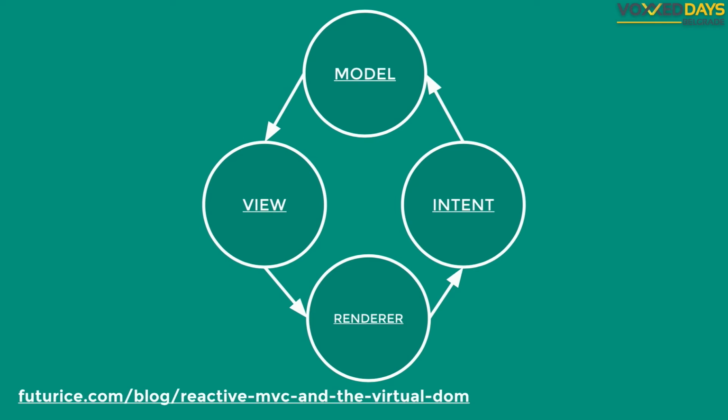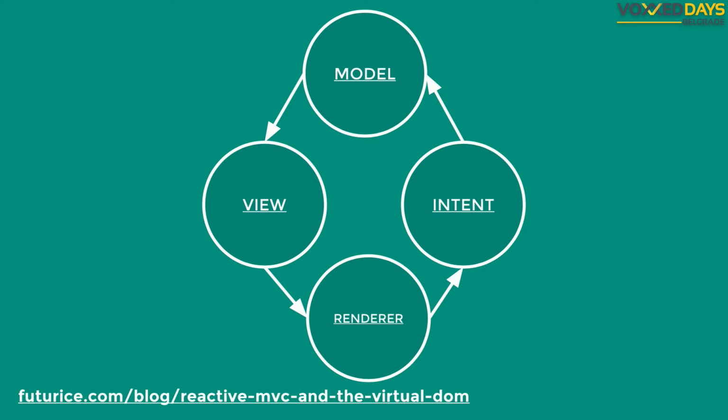I think if you're using React, you probably know what a virtual DOM is, but React isn't the only virtual DOM library. There are several of them, and I'll show you another one in a moment. The interesting part here is that the view basically contains the virtual DOM, so how it should represent the view. The renderer object, or the library in this case, is the one that is going to manipulate the DOM.